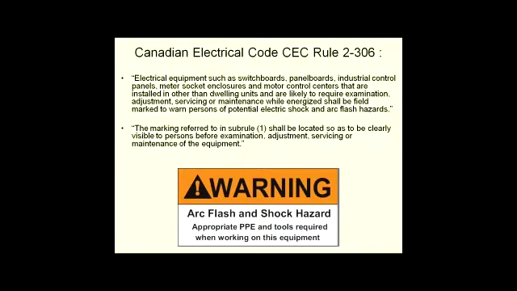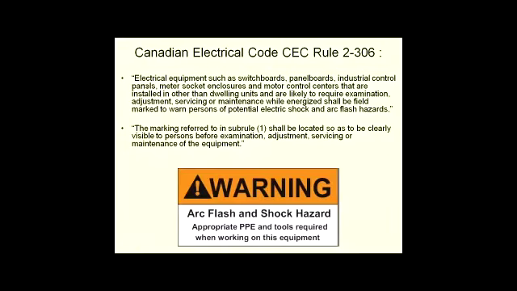So places other than dwelling units would be commercial space or public space, are likely to require examination, adjustment, servicing, and maintenance while energized, and should be field marked to warn persons of potential electric shock or arc flash hazards.